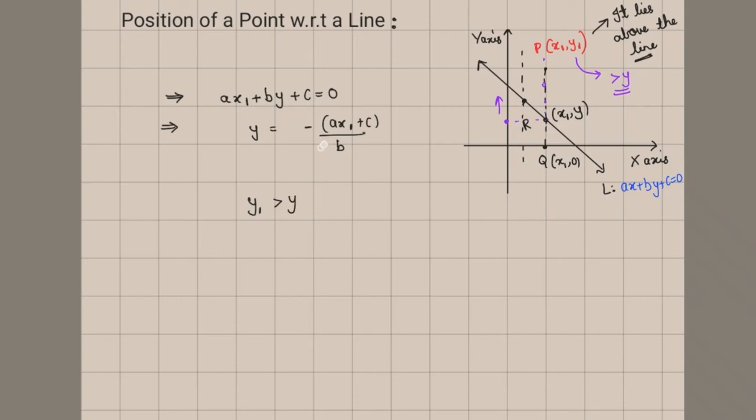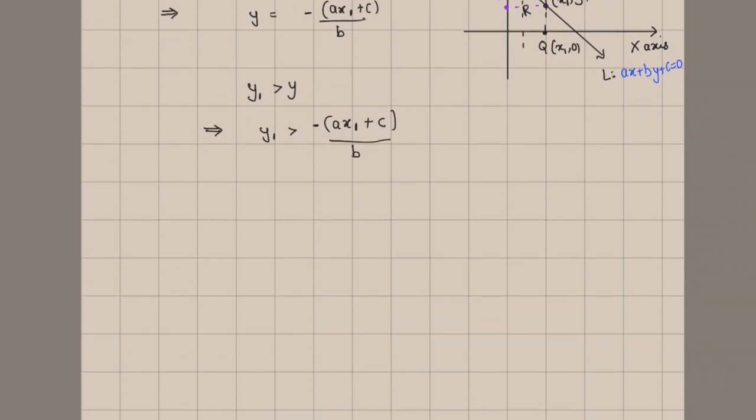What is y here? y is nothing but minus of ax1 plus c by b. In which case y1 is greater than minus of ax1 plus c by b. Now take b to the left hand side. Now we will get two conditions.